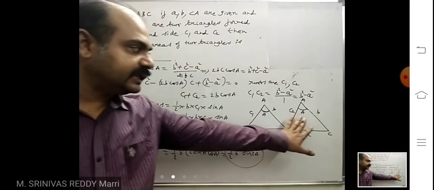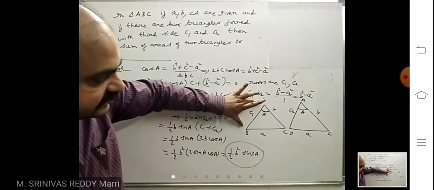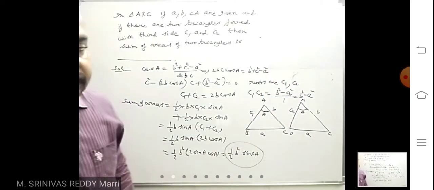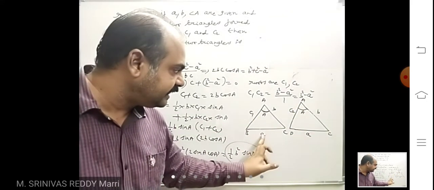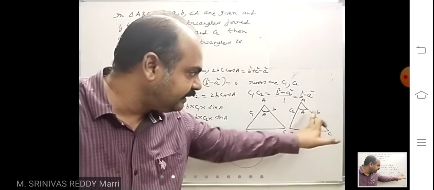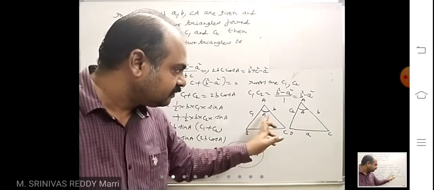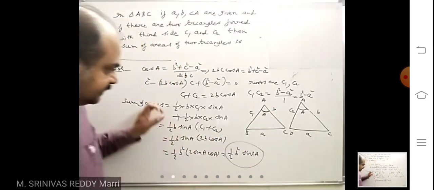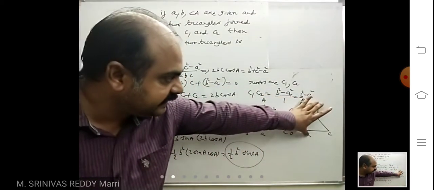Two triangles are there. The only difference is this side. This side is c1 and this side is c2. Now everything is the same: a, b and angle A are the same. So the area of this triangle is this one, and the area of this triangle is this one.